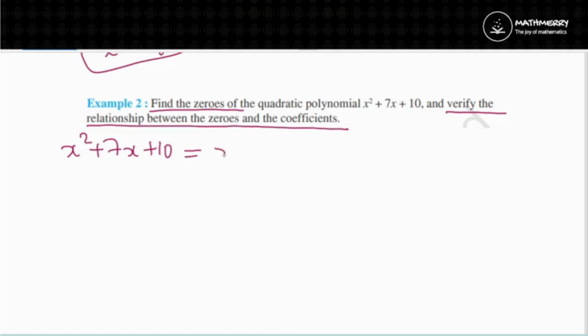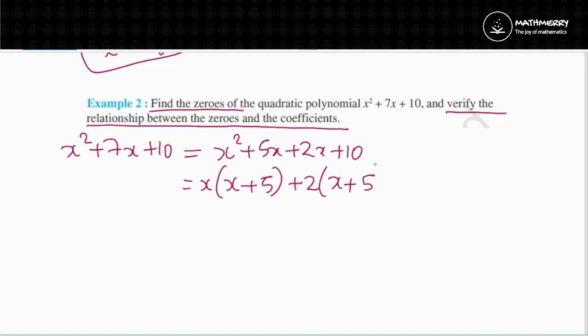So we can write this as x square plus 5x plus 2x plus 10. Then we take x outside: x into x plus 5, plus 2 into x plus 5. So this becomes x plus 2 into x plus 5. These are the factors of the given polynomial.